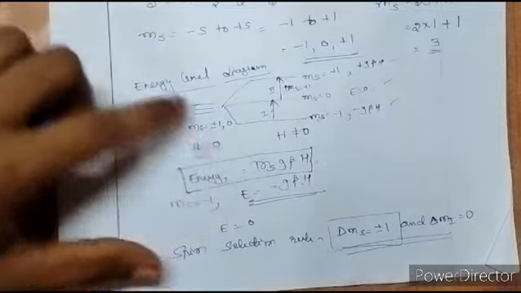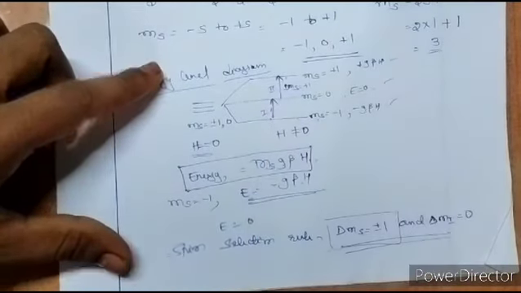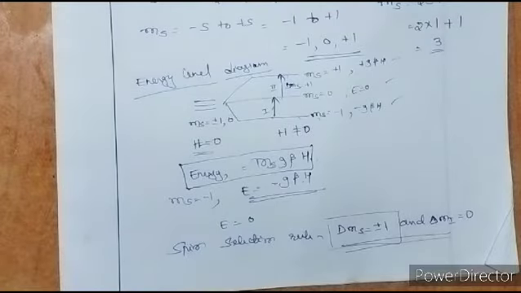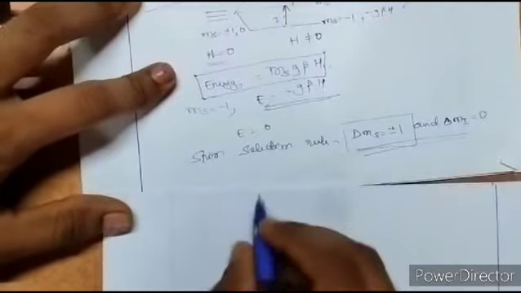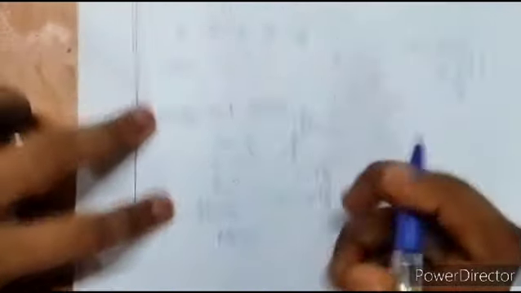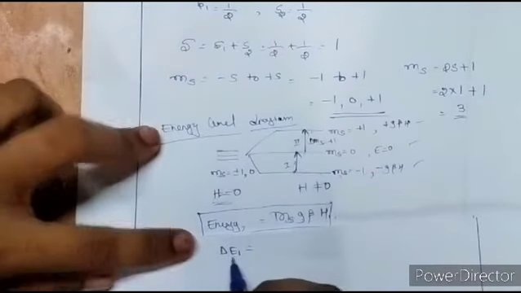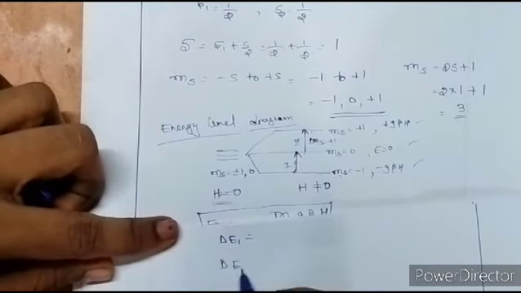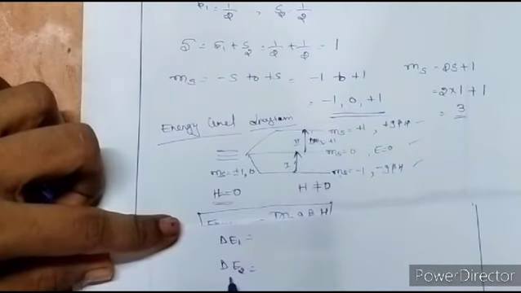Now, what is the energy required for this particular transition? Let me call it delta E1. Delta E1 means the energy required for this transition, from here to here. Similarly, I call delta E2 the energy for the other transition.